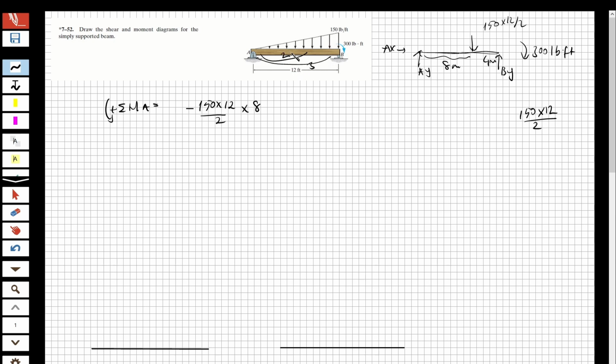So this is, for example, 2x, this is 3x. If 3x equals 12, 2x equals 8, right? So this is going to be 8.